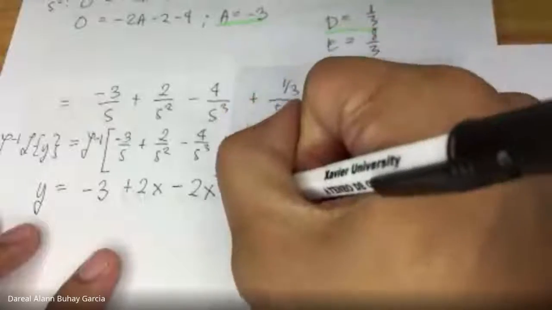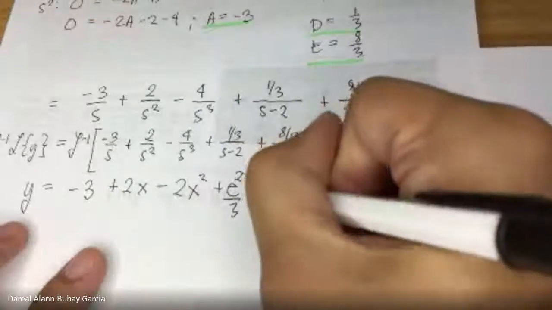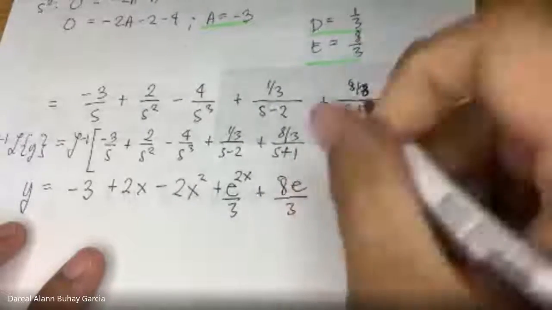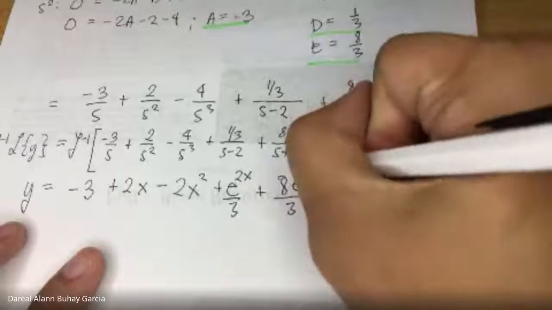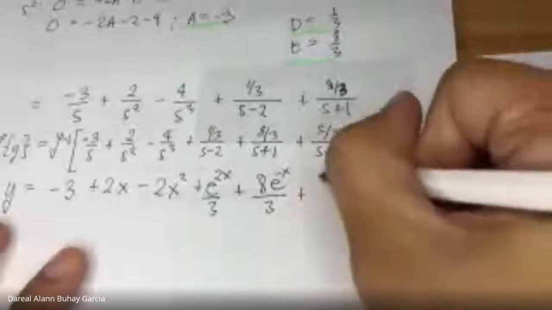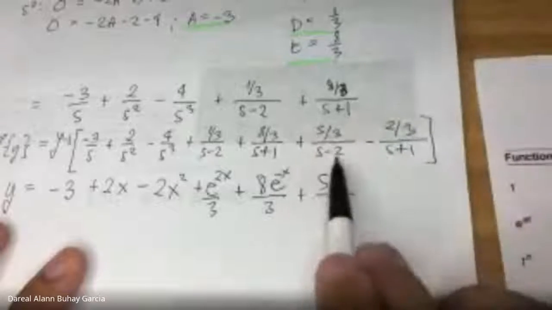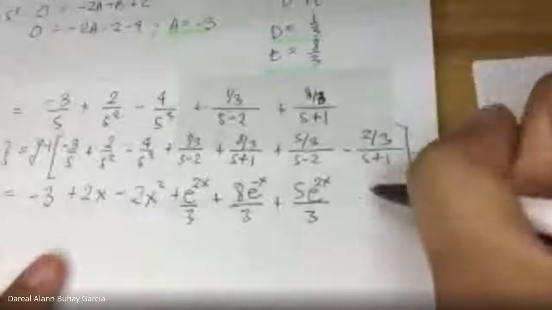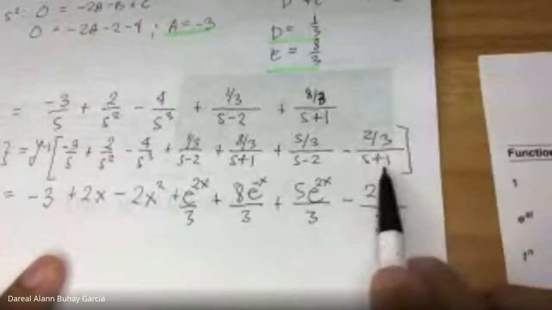Plus 1/3. Plus 8/3 e to the power of negative x. Plus 5/3 e to the power of 2x. Minus 2/3 e to the power of negative x.